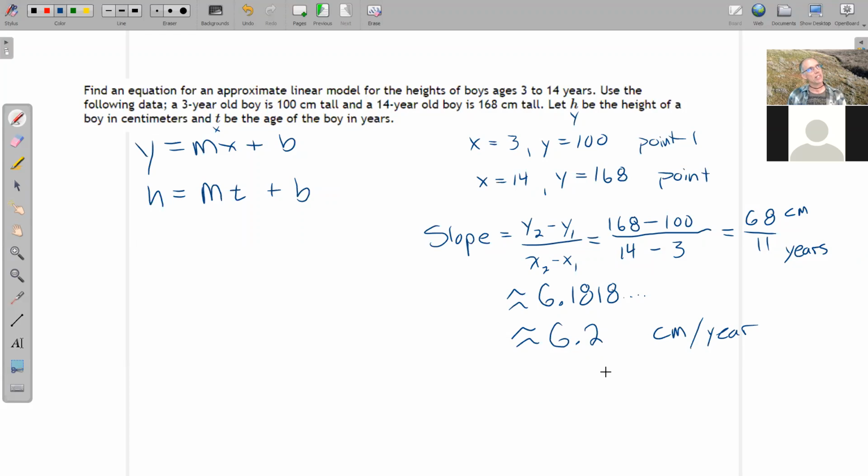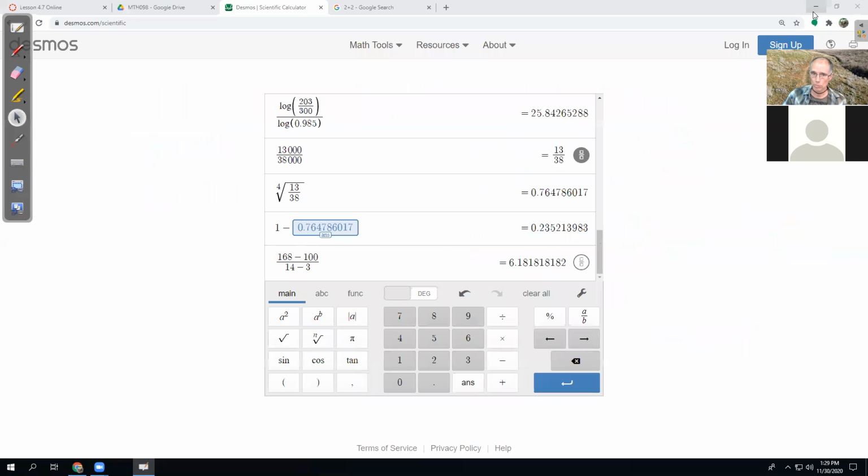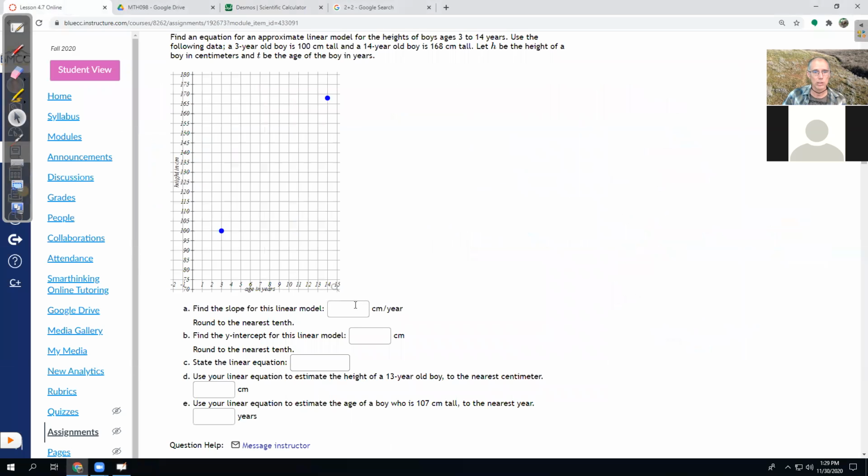No, not quite, less than that. I think the width of my hand is like 10 centimeters, yeah. Okay, so it's less than the width of my hand, a few fingers in height. So we have a slope, and again, your numbers may differ, but I think mine is 6.2 centimeters per year.